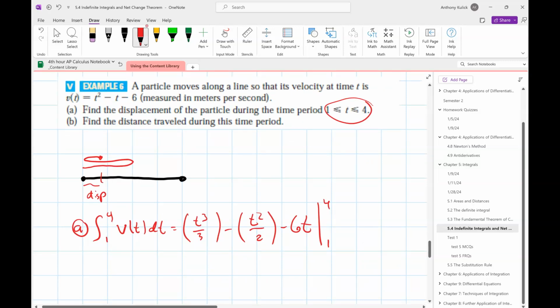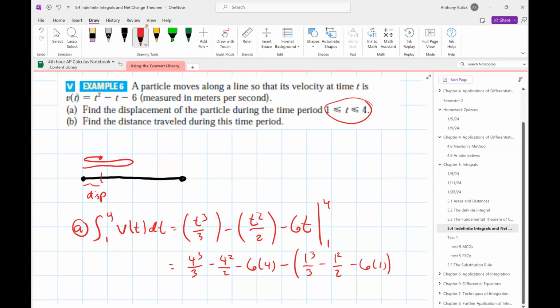So that's going to be 4 cubed over 3 minus 4 squared over 2 minus 6 times 4, minus 1 cubed over 3 minus 1 squared over 2 minus 6 times 1.